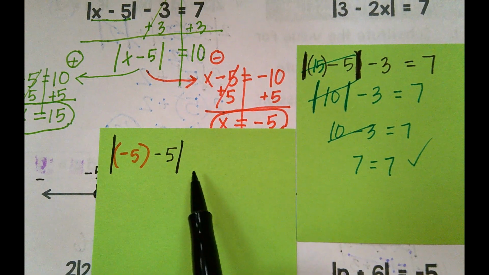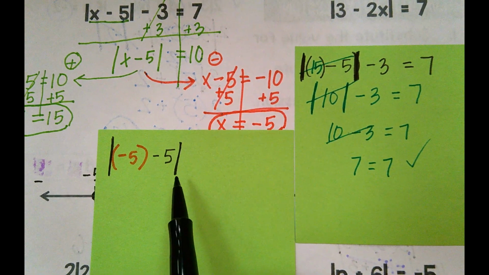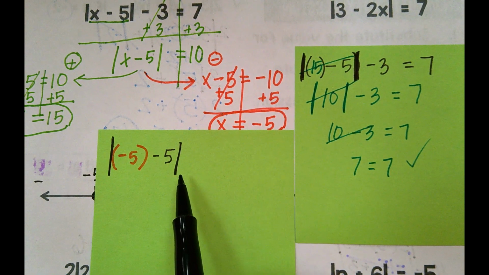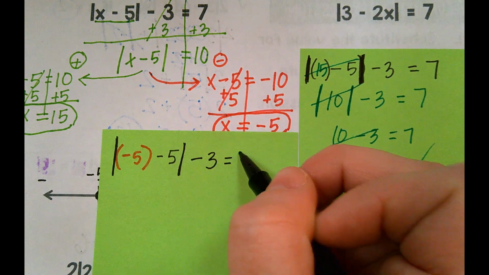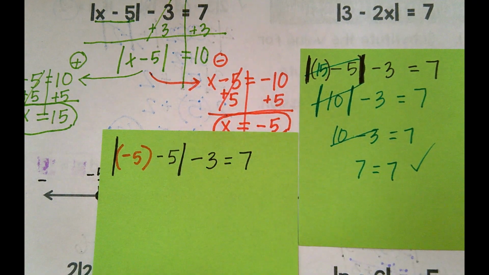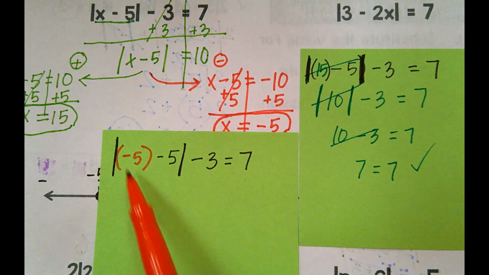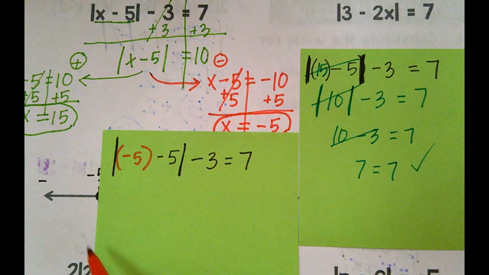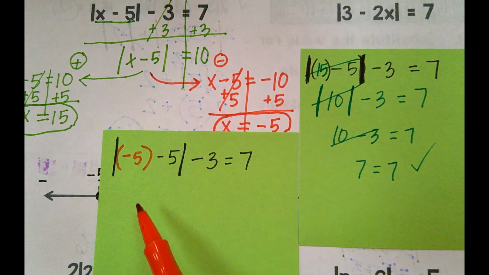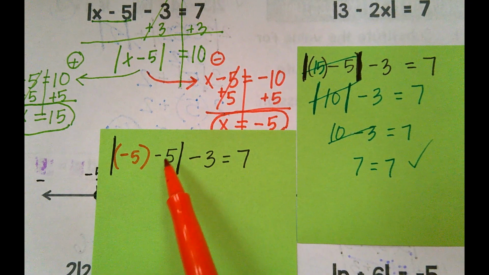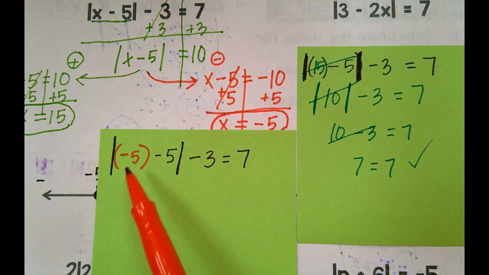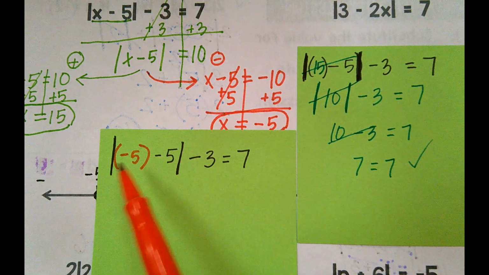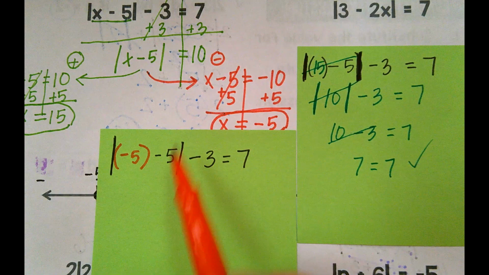What am I writing next? Minus 3, good, equals 7. So let's check this one. What do I do first? Negative 5 minus 5 is negative 10.